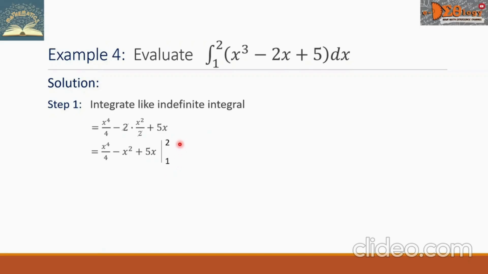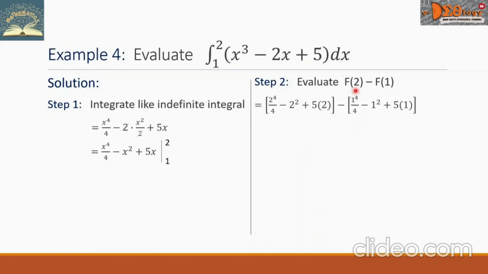Then, step 2, we evaluate f of 2 minus f of 1. This is our function capital F. So the first group will be f of 2. That is 2 raised to 4 over 4 minus 2 squared plus 5 times 2 minus the second group f of 1. 1 raised to 4 over 4 minus 1 squared plus 5 times 1.